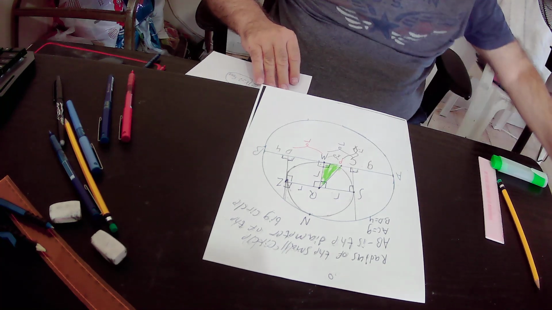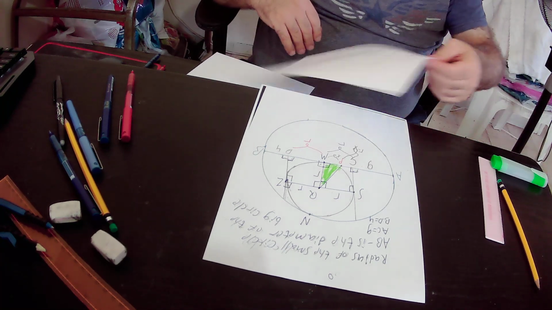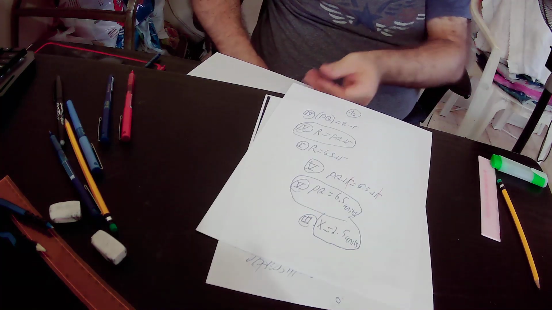That is to say PQ equals capital R minus small r.